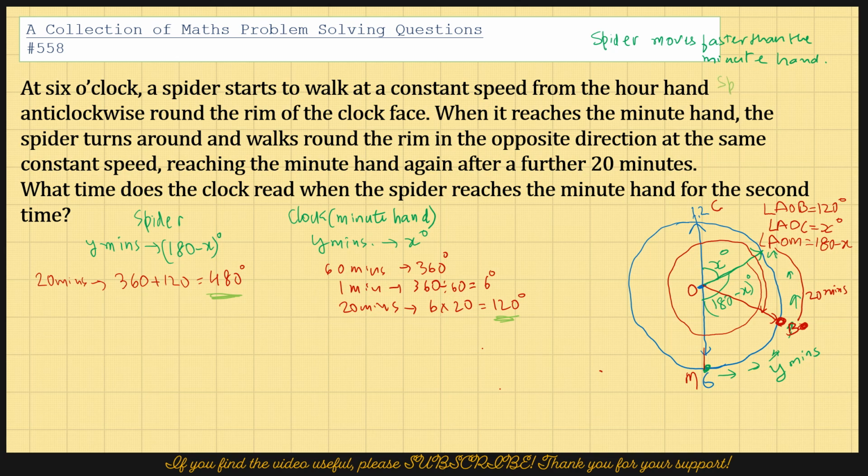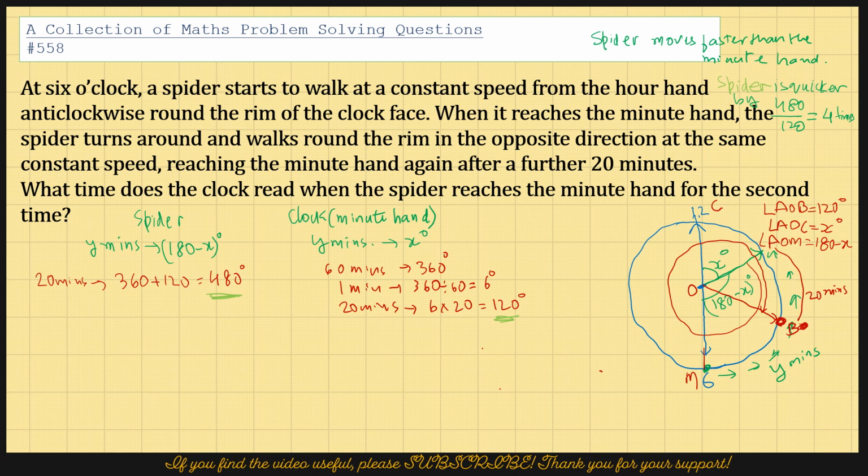So the spider is quicker by 480 divided by 120, that is 4 times. The spider is 4 times quicker.